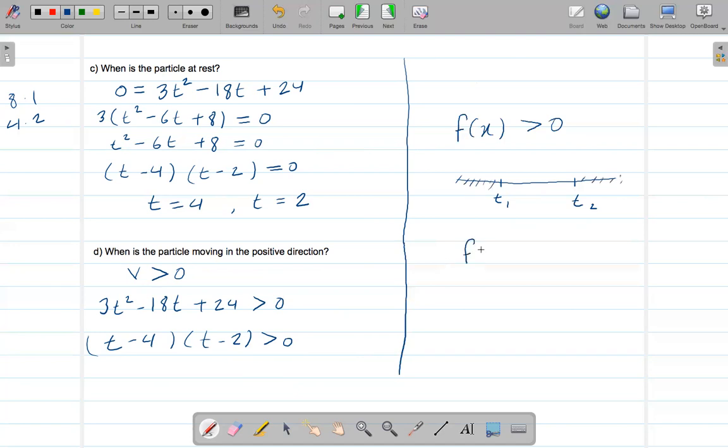And when the quadratic is less than 0, with something similar, the answer is going to be the middle region.